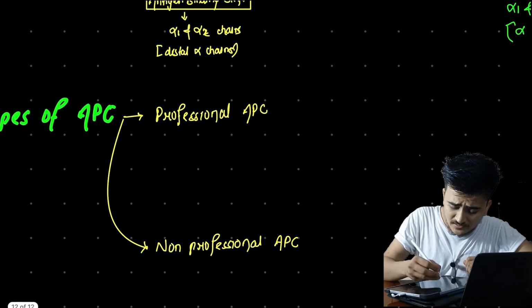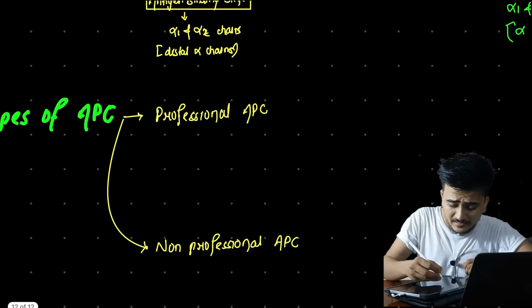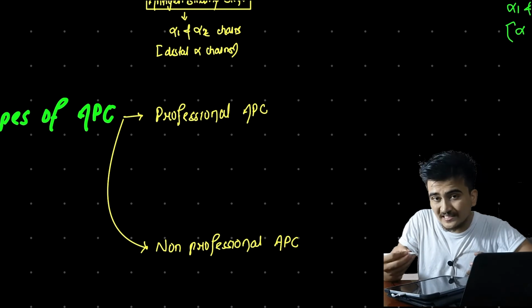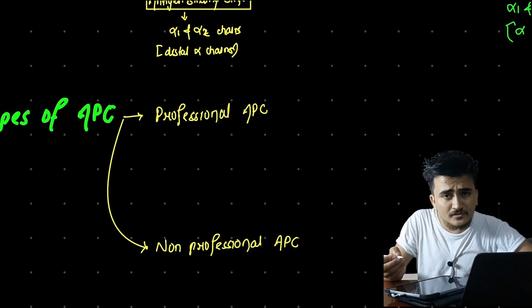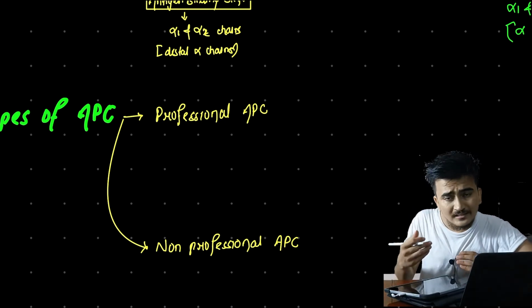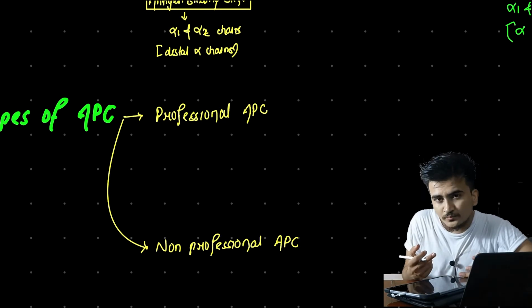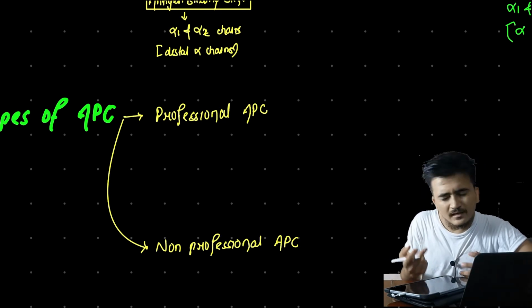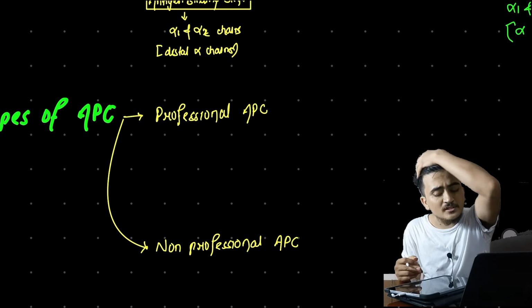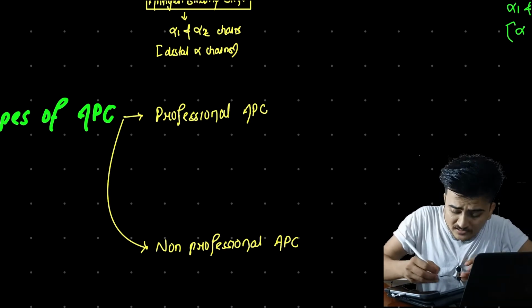What are the professional APC? Through the name we can say that professional means the one that should be called first, and non-professional means the one that should be called later on. The first work should be done by professional people, and then comes the role of non-professional people. So what are these professional APCs?